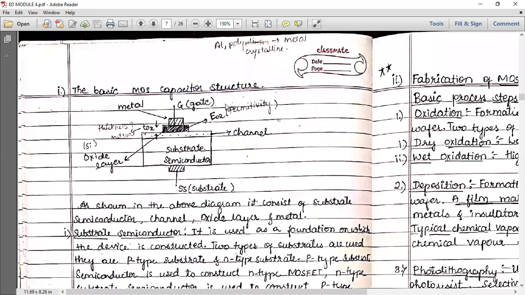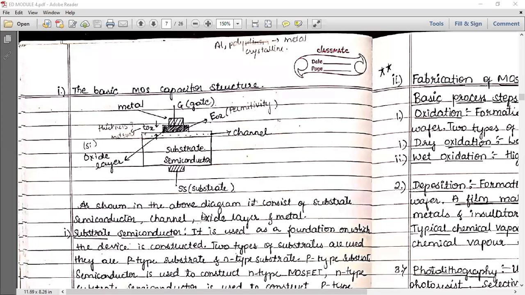So now look at this. What does this structure consist of? It consists of a substrate semiconductor, then a channel, then an oxide layer, then a metal. The substrate semiconductor is the foundation on which the device is constructed, and it plays a very important role in manufacturing the basic MOS capacitor structure.